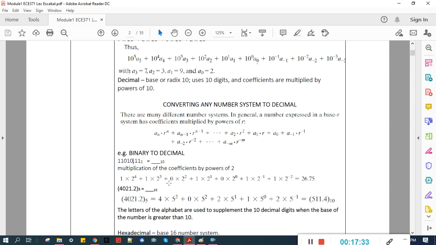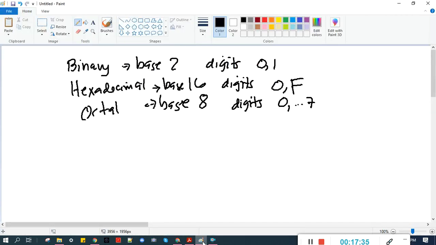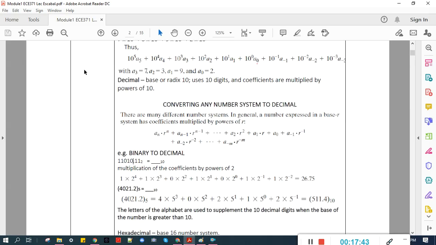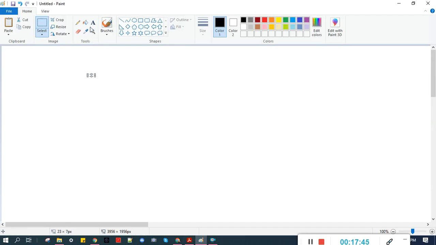Let's write this down: 11010.11 base 2. What is this in decimal?